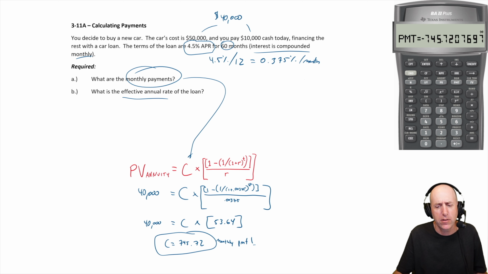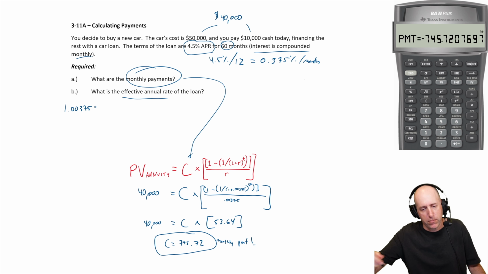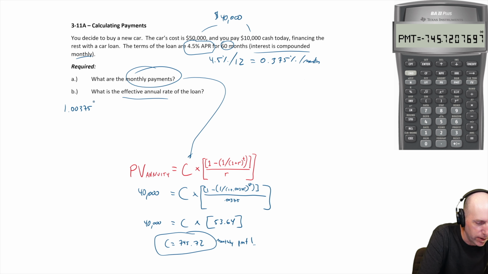Okay, what's the effective annual rate of this loan? This should be very straightforward. If it's 0.375 per month, you add 1 to that. You go 1.00375. And now with APR, you just multiply that by 12. With effective annual rate, you compound it.